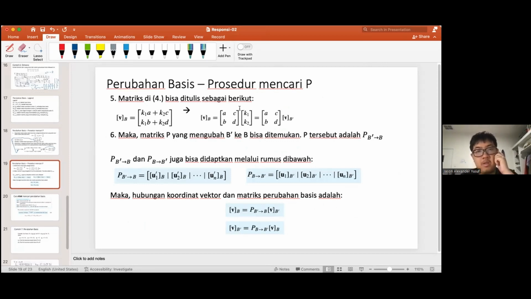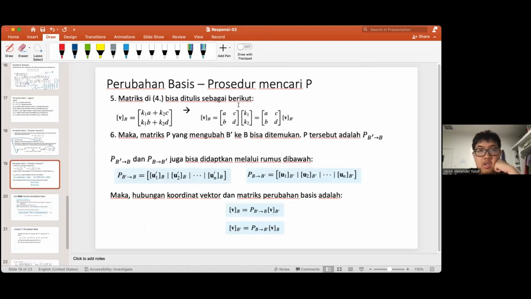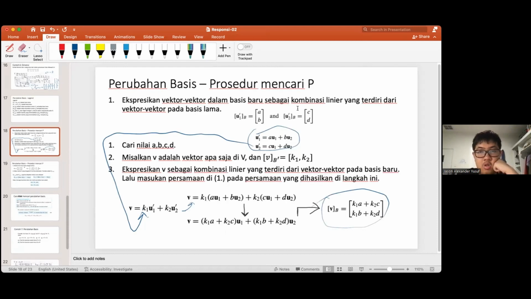And the matrix here can be rewritten into this format. And this K1, K2 is this one, which is the new basis.